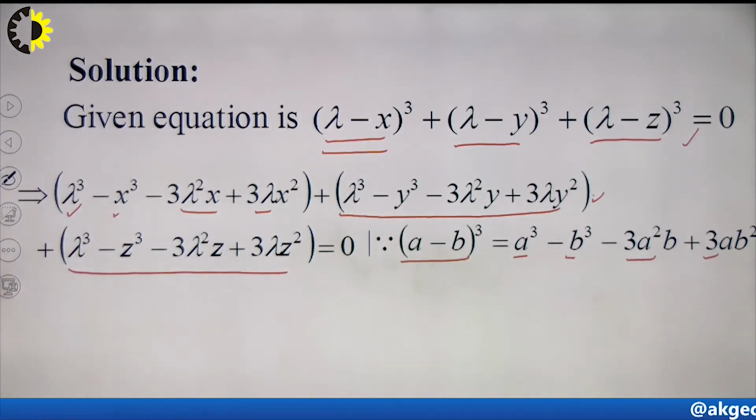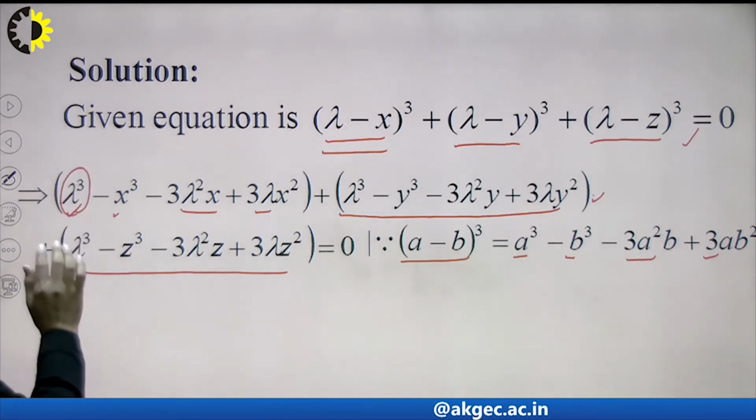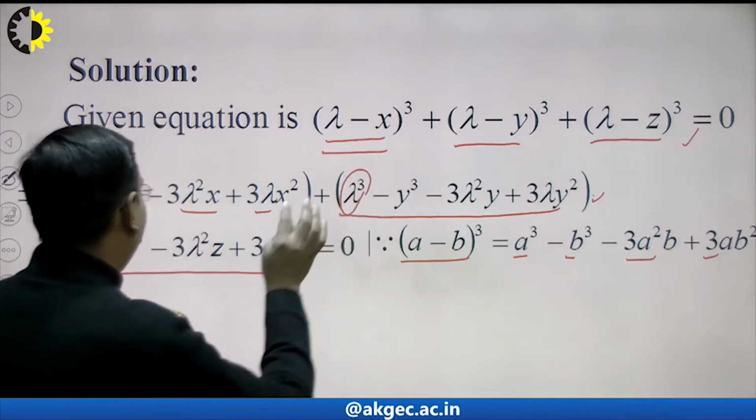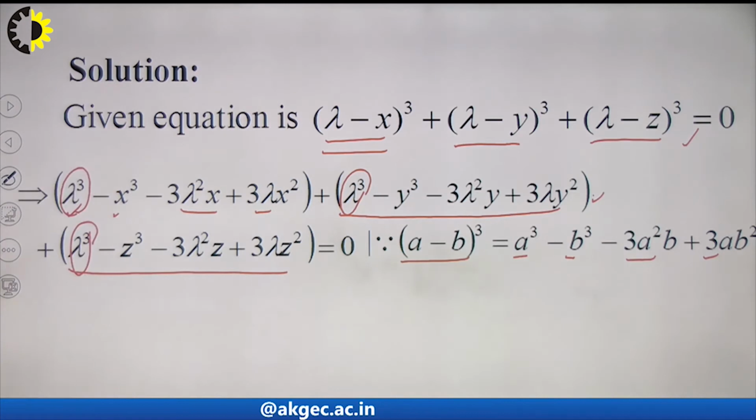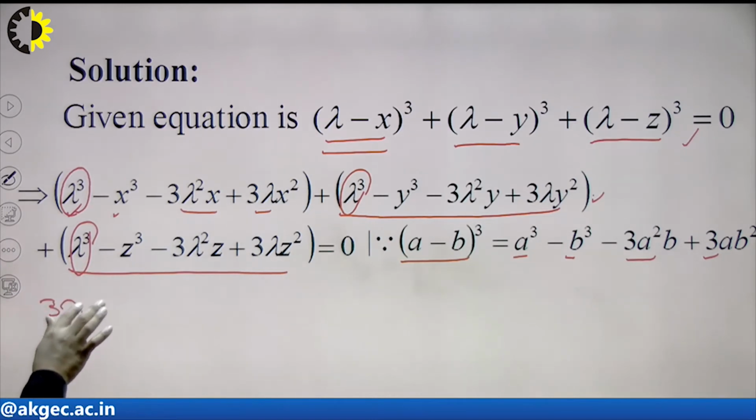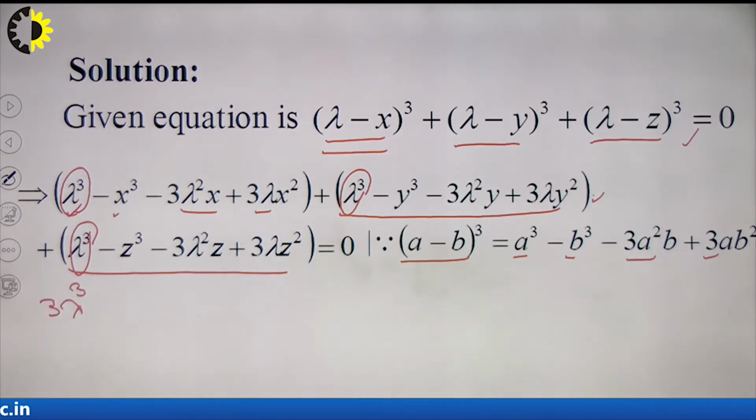Now, this expression in left hand side can be simplified. This lambda cube, this lambda cube, this lambda cube, these three terms will be combined, and I shall obtain 3 lambda cube.